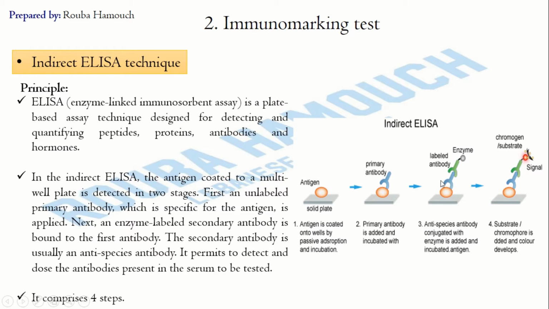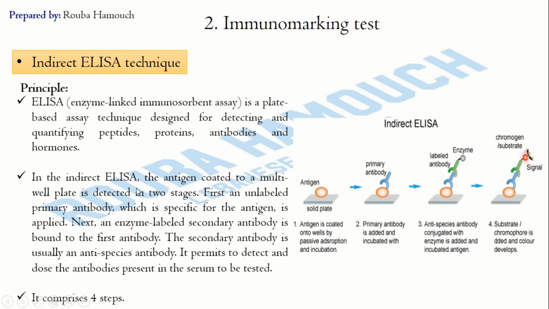And if the serum contains anti-HIV antibodies, for example, this secondary antibody will bind to the anti-HIV antibodies, and the enzyme here, when we add its substrate in the final step, we obtain a colored product, a signal indicating the presence of anti-HIV antibodies in the serum and confirming the diagnosis: the patient is seropositive for HIV.